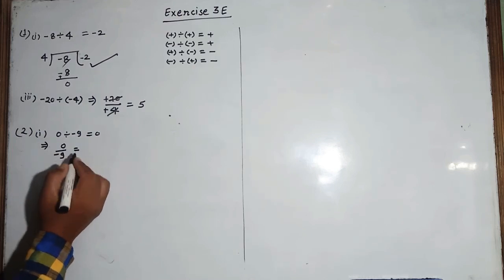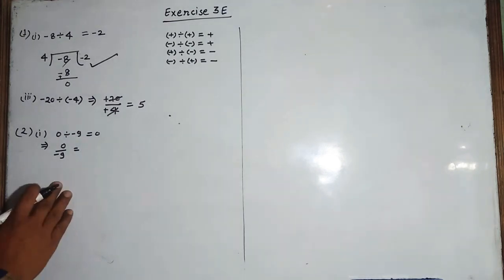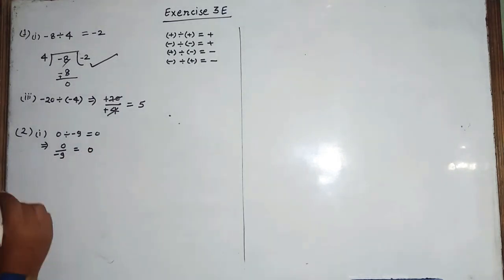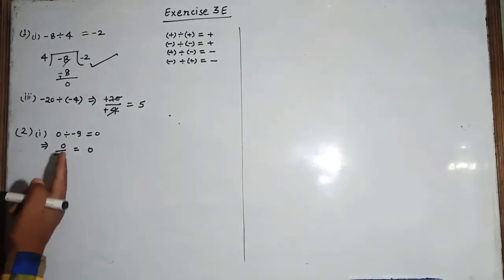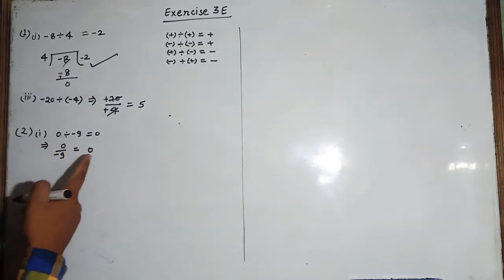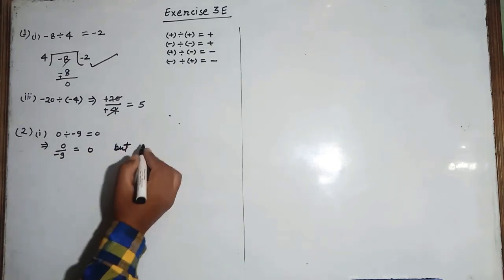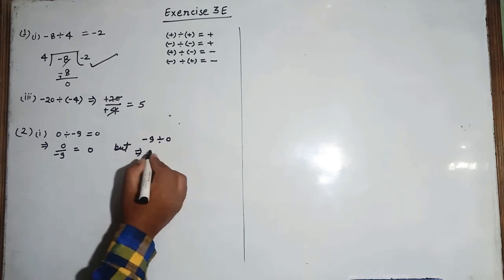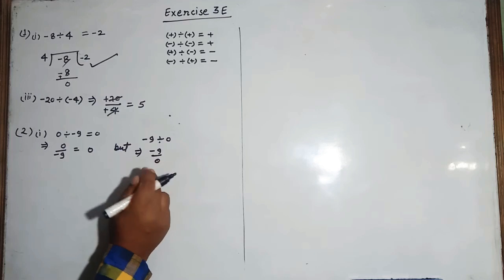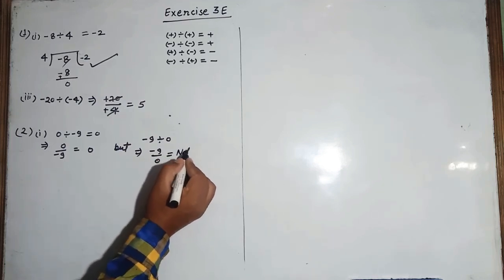You know that if we are dividing 0 by some positive number or some negative number, our result will be 0 only. But if the case is like this, -9 divided by 0, so we can write it like this, -9 upon 0. 0 is in the denominator, so it will be not defined.